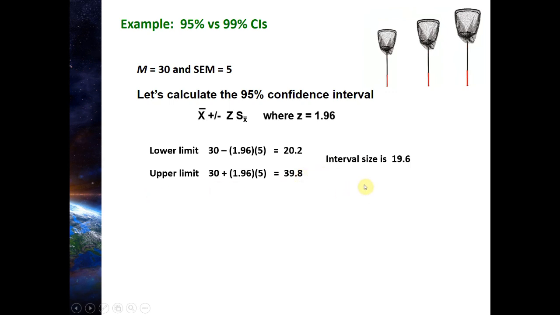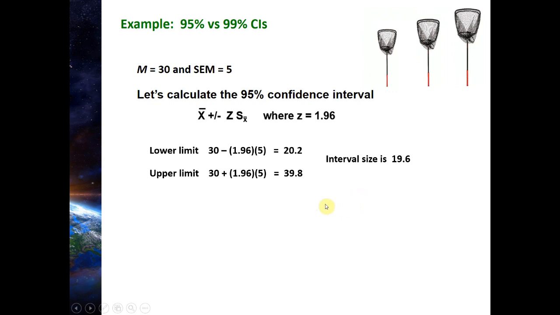And then we would write mu, put that in the middle, is somewhere between 20.2 and 39.8. So we would put mu and then the less than or equal to and greater than or equal to signs.